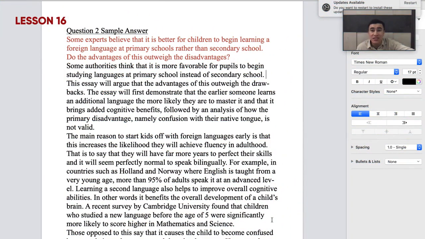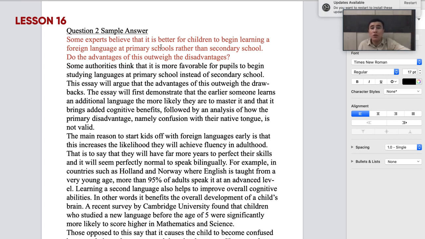Now let's consider question number 2. Some experts believe that it is better for children to begin learning a foreign language at primary schools rather than secondary school. Do the advantages of this outweigh the disadvantages? Okay, here you are asked to mention which side is stronger.